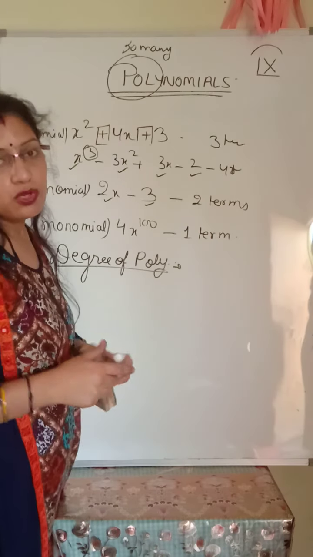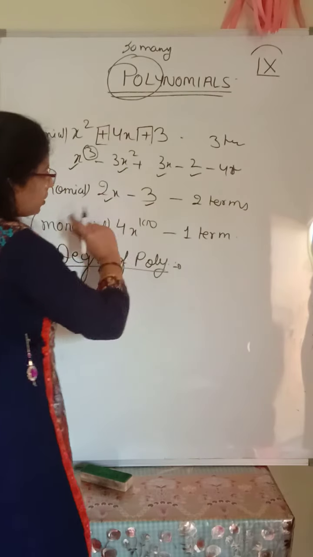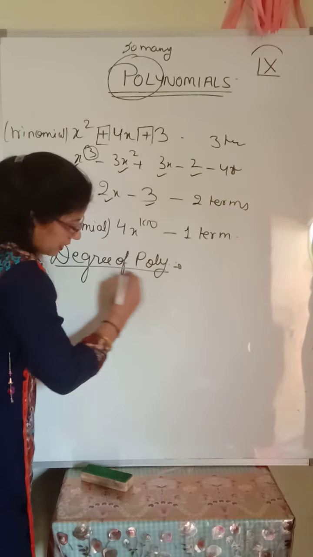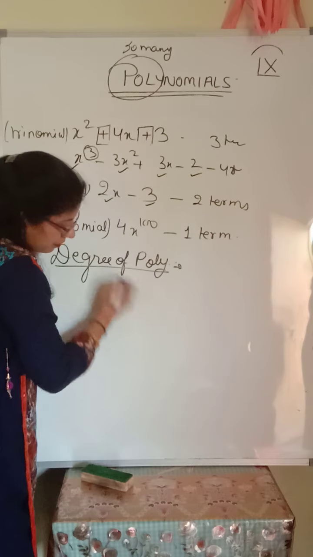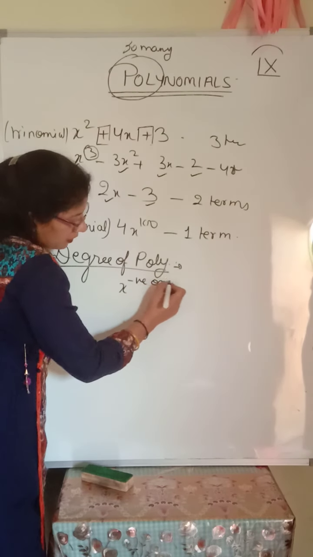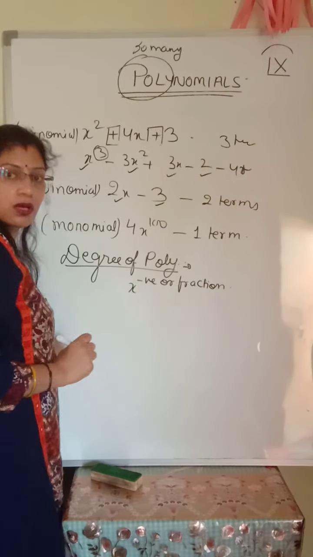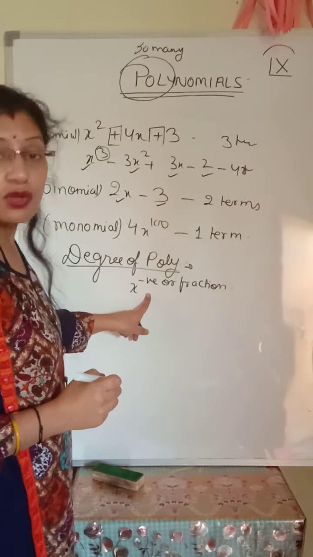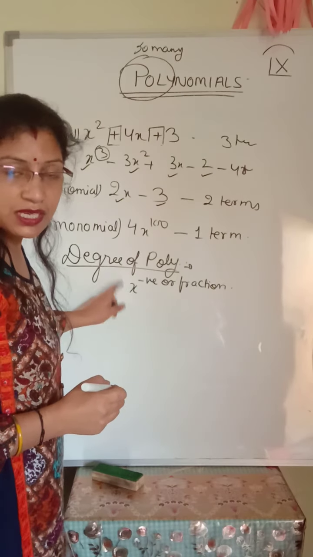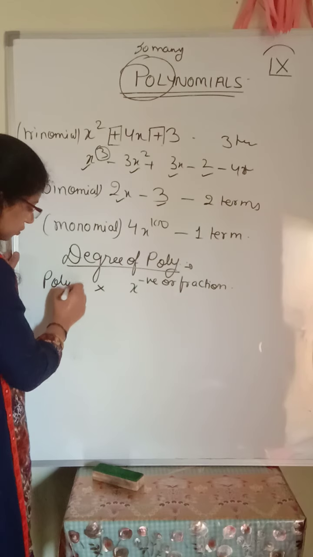One more thing comes: which are not polynomials. All these are polynomials, but if the variable has a negative power or a power in fraction, then this is not a polynomial.